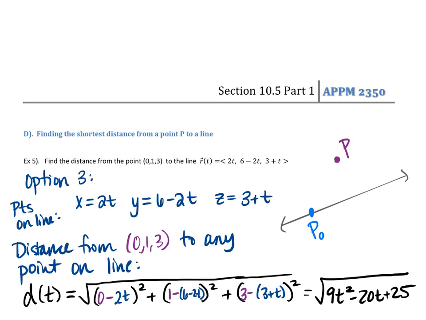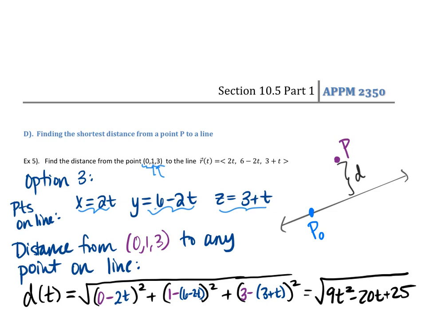Which leads us to our last option, which is actually just thinking, okay, I want this distance, and so really I can take the distance from my point 0, 1, 3 to any point on the line, and literally I'm just taking the difference then between the x components here, the y components here, and the z component here, and that's giving me this distance function that's now just a function of t.